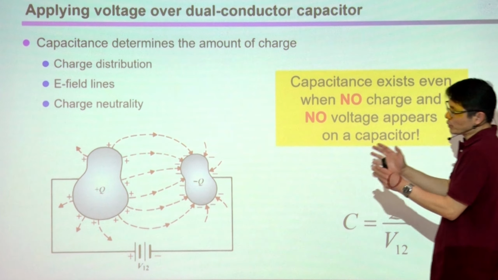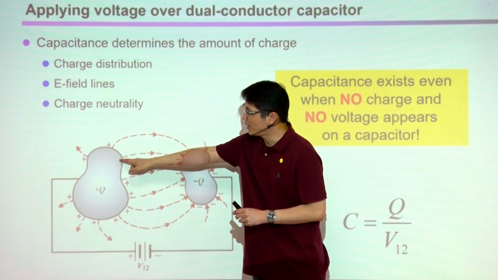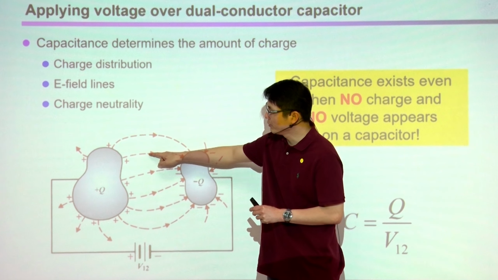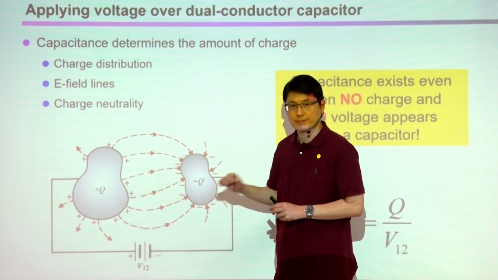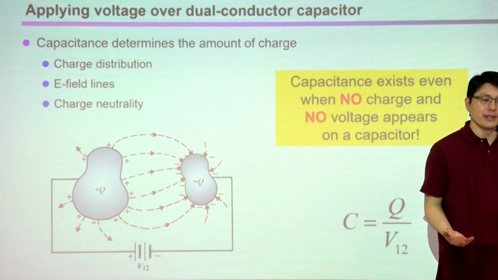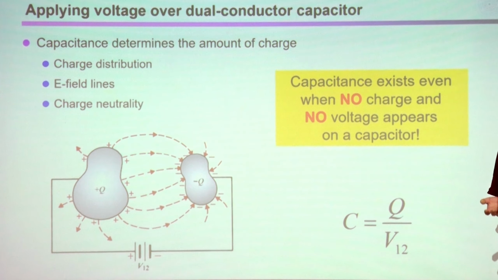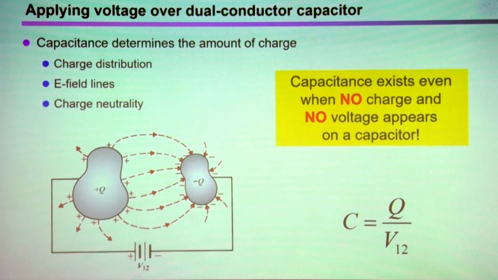Once you can draw this charge distribution, you can draw the corresponding E-field line distribution. If you know the E-field distribution, you can then calculate the resulting electric potential difference.